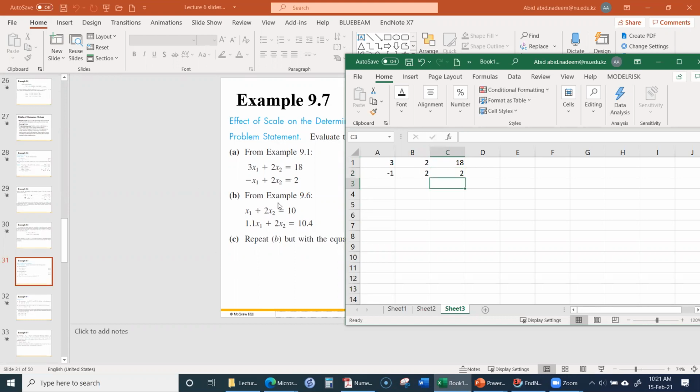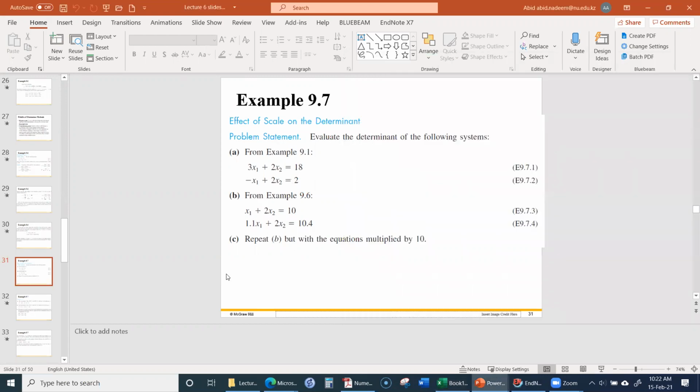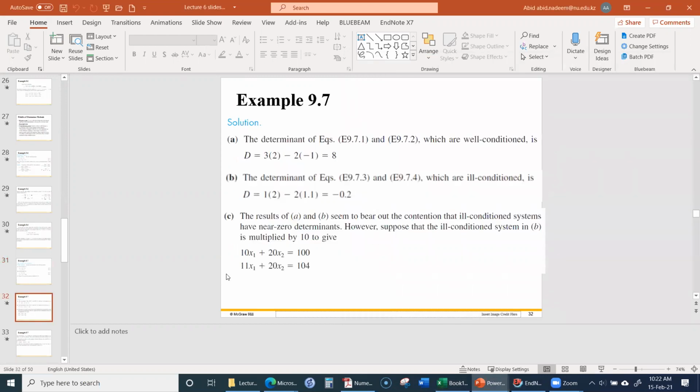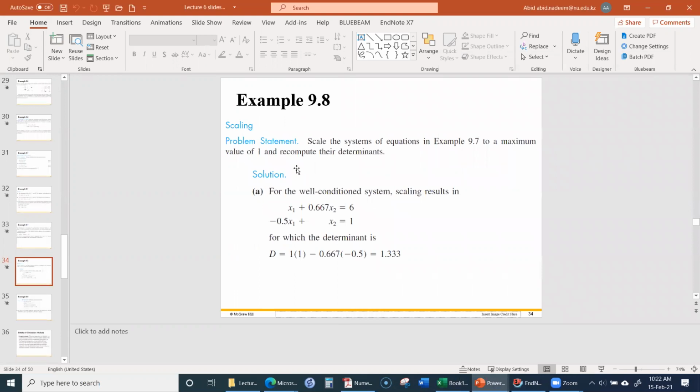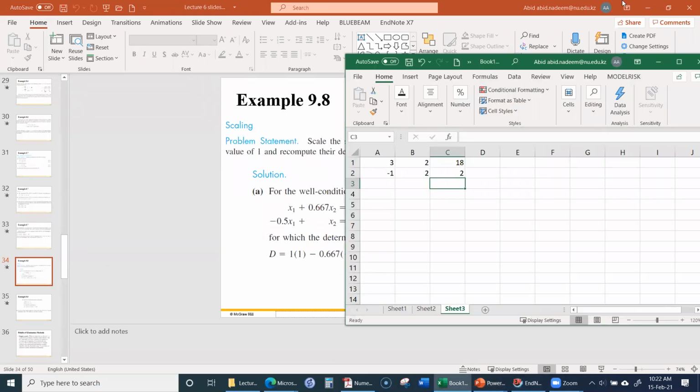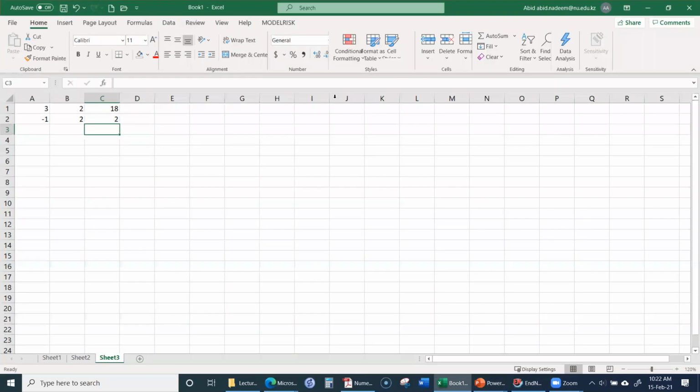So maybe I do it for this, and then you can also verify for the second one. In this example, it has been said to scale the system of equations to a maximum value of 1, and recompute their determinants. So let's go back to this Excel.